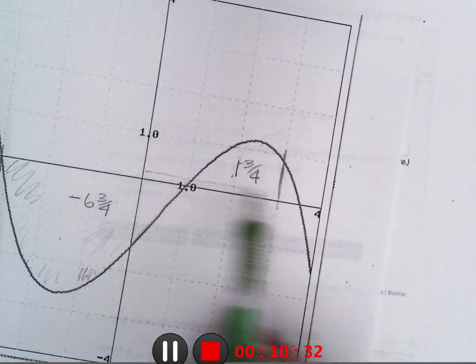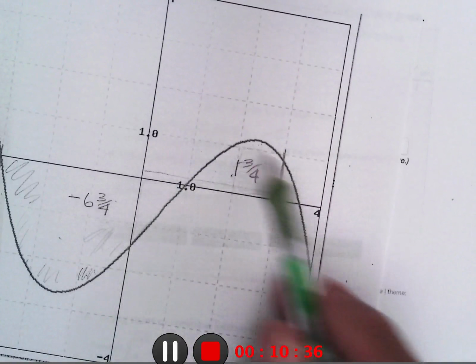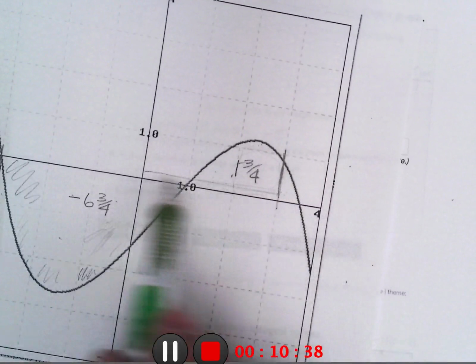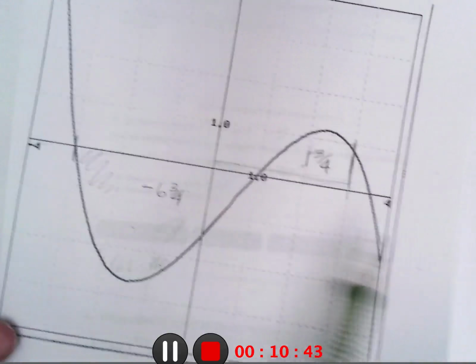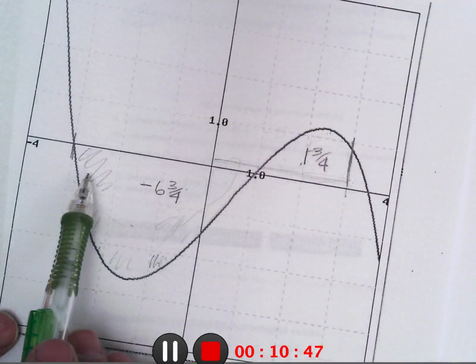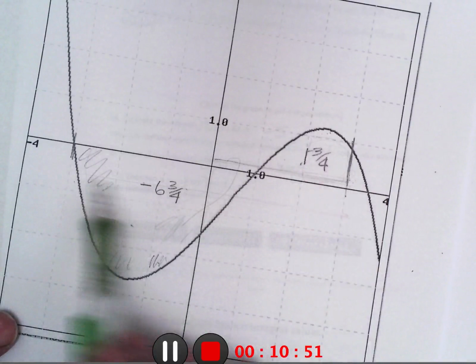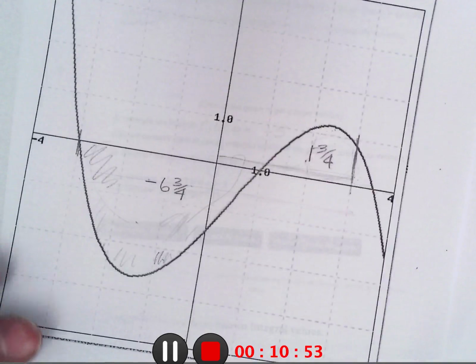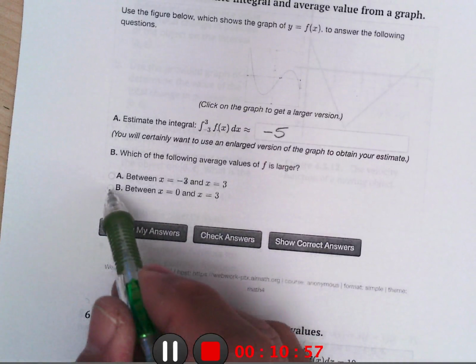If I take this negative away from this area and then level what's left, I get something like that. And if I do from -3, which has a lot of negative and some positive, the average value would probably be down here someplace. Taking this away from that and then smoothing it out. So it would be larger between 0 and 3.